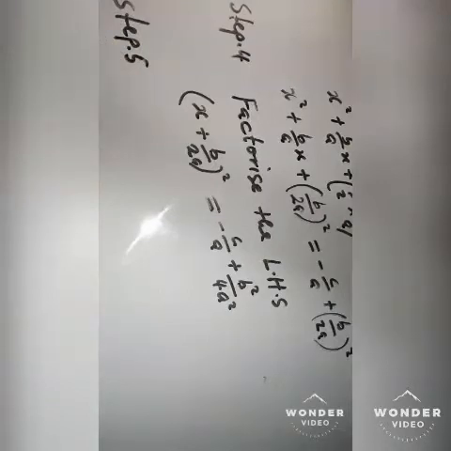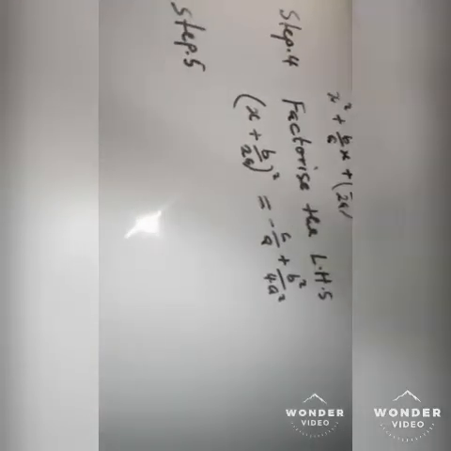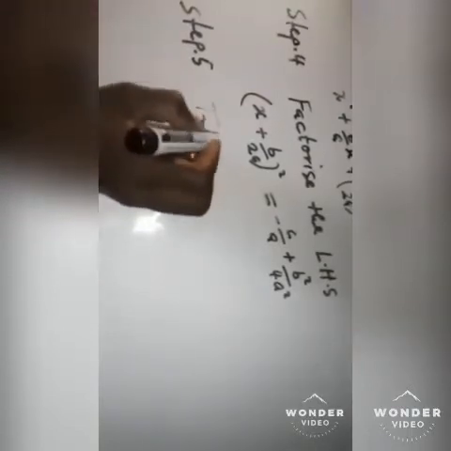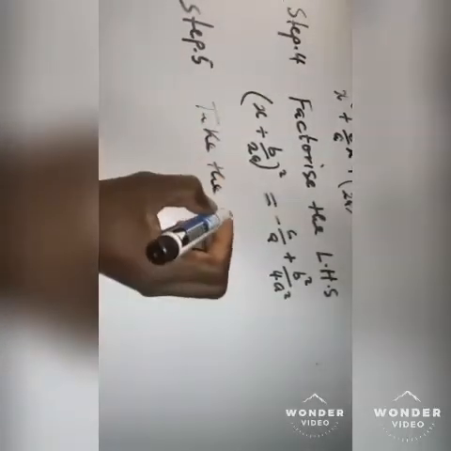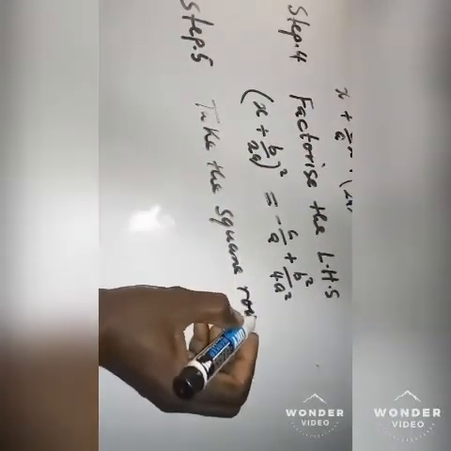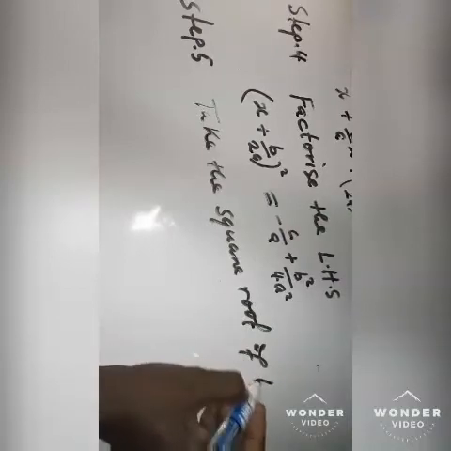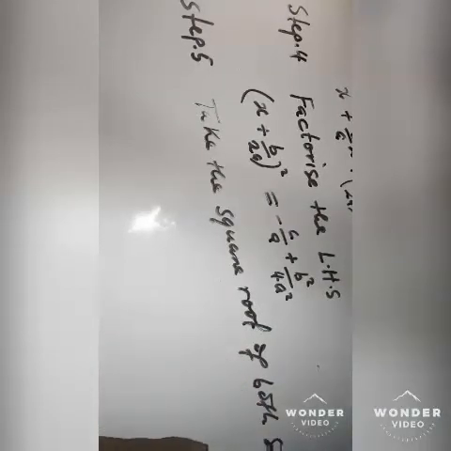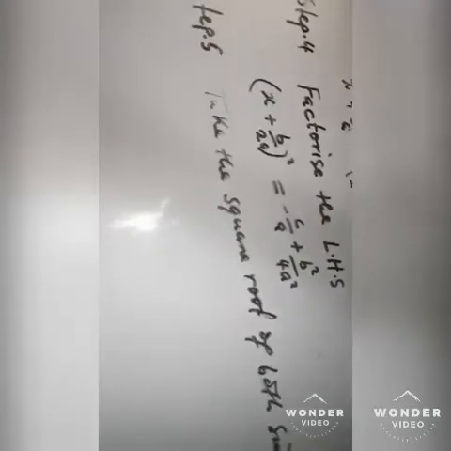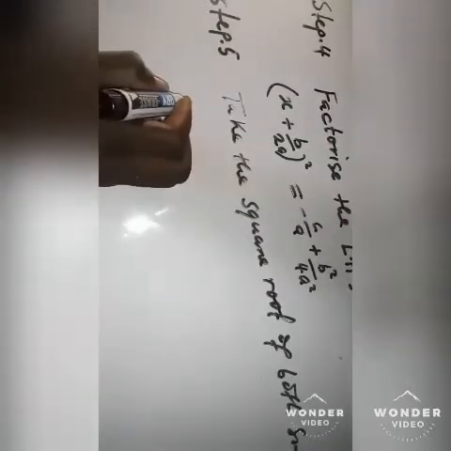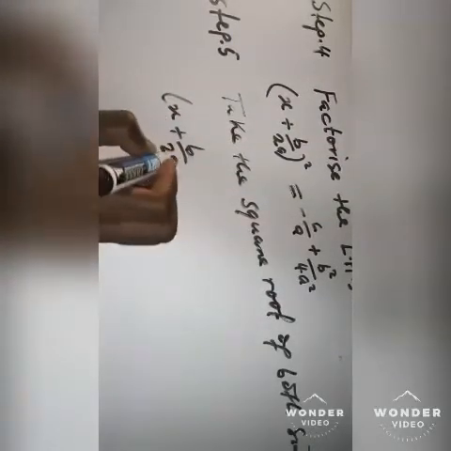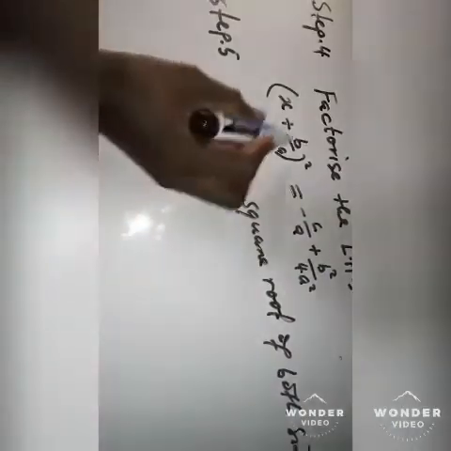So step number 5, you take the square root of both sides. How do you take the square root of both sides? x plus b over 2a all squared, which is this.